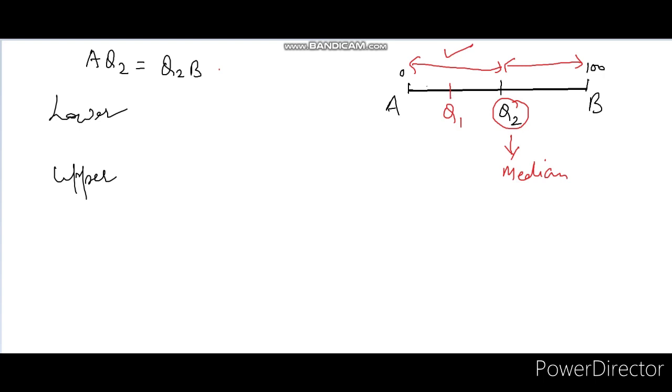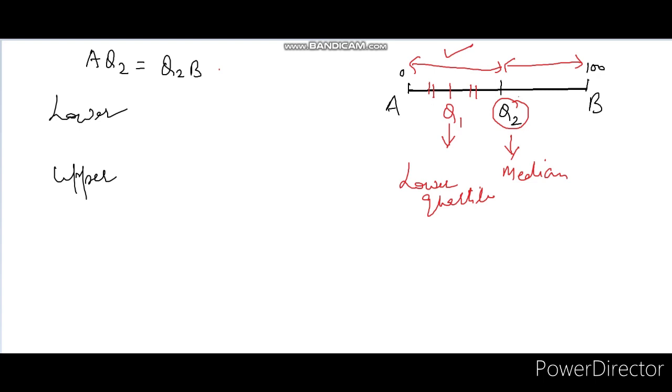This simply means that the AQ1 portion will be equal to the Q1Q2 portion. So AQ2 has been divided into two equal parts with the help of point Q1. This Q1 is called the lower quartile. Students, this is the meaning of the lower quartile: it is the middlemost value of the first half of our data.